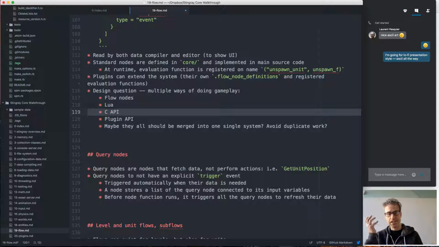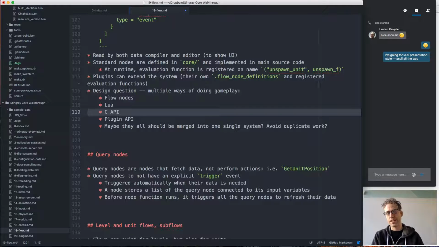There are advantages and disadvantages to that approach. The way we design the flow nodes right now, we create them in a way to be simpler to use in a visual programming sense. And if we just use the straight C API, I don't think flow programming would be as nice.